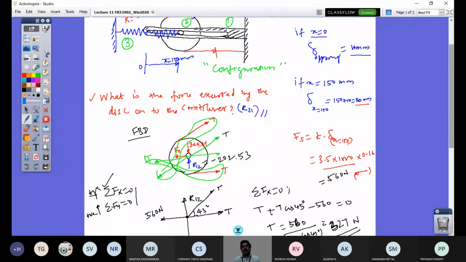If you push your palm onto the vertical wall, you get an equal force on your hand. So that is the reaction in your hand. So here I have written R12 is the reaction that comes from 1 to 2, which is the same as what you are offering onto the wall, that is the force exerted by the disc onto the cantilever.